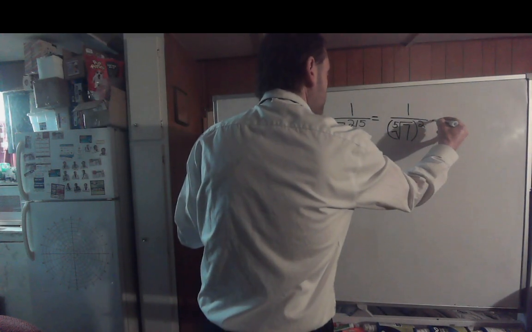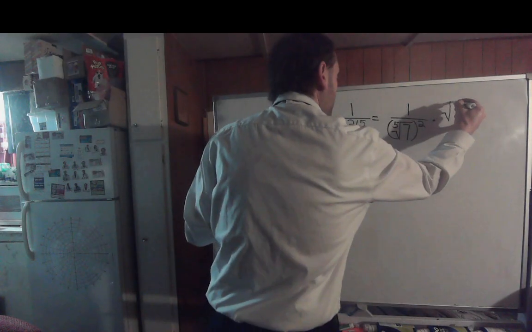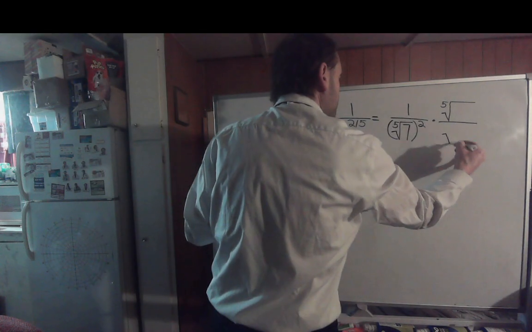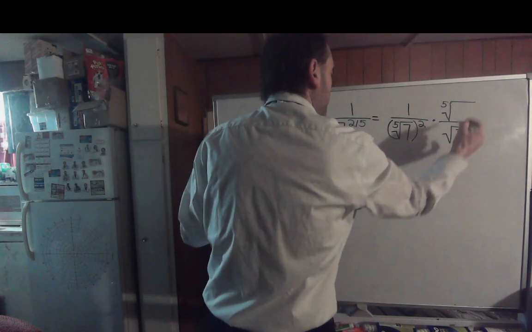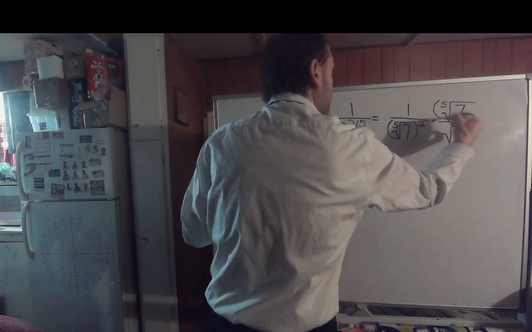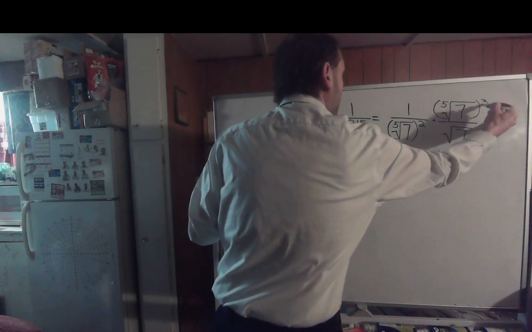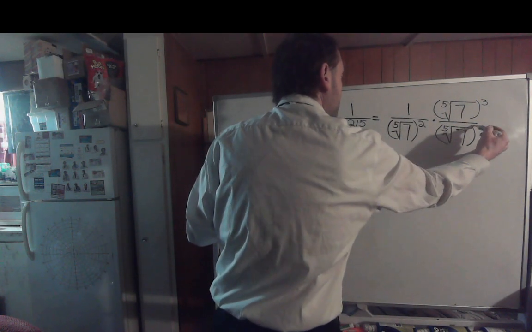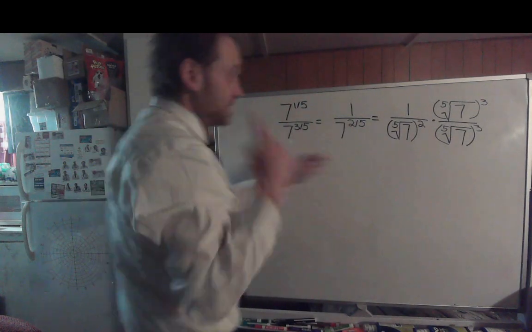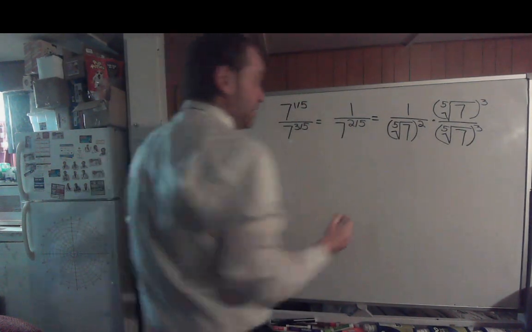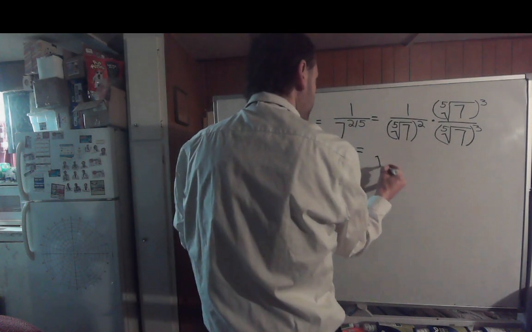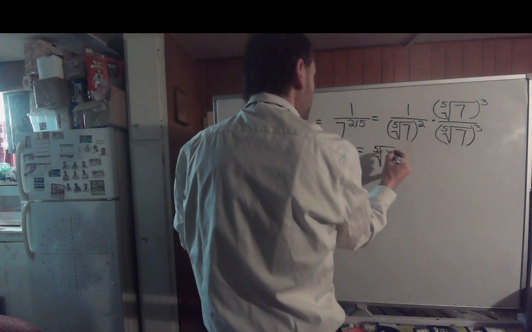So you're going to multiply both the numerator and the denominator to rationalize this by the 5th root of 7 raised to the 3rd power, right? Because that'd be 7 to the 3/5. If you do that, you would just get 7 to the 1st in the denominator. But in the numerator, you'll still have that 5th root of 7 raised to the 3rd power.